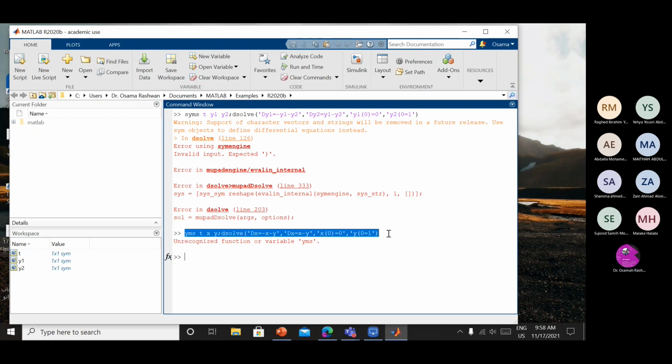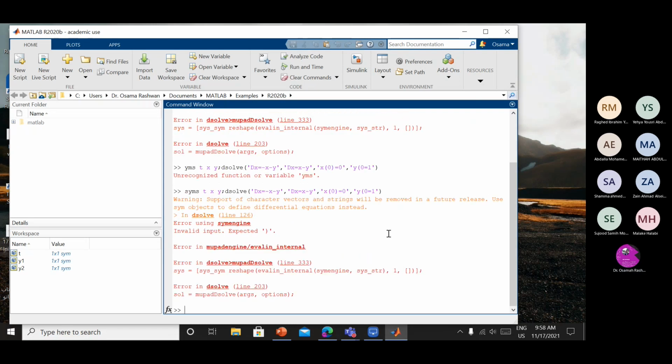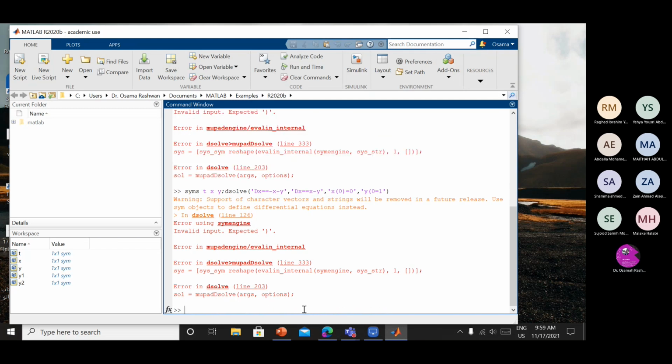Control C. Yes. What's the problem here? Okay, it expects differential instead. Do we have to write equal like that in this version? Do you see what's the problem here?